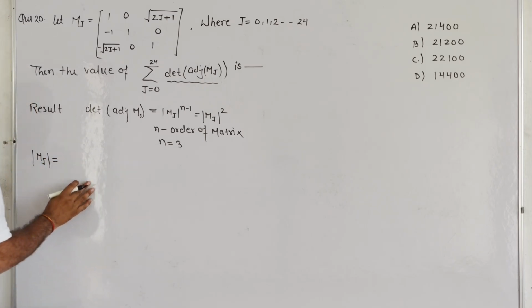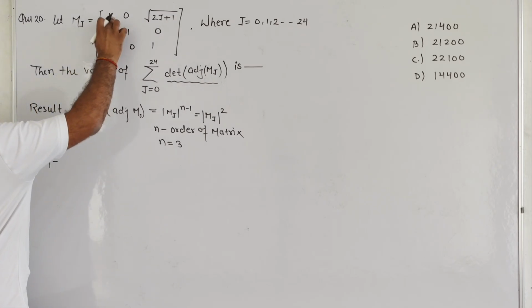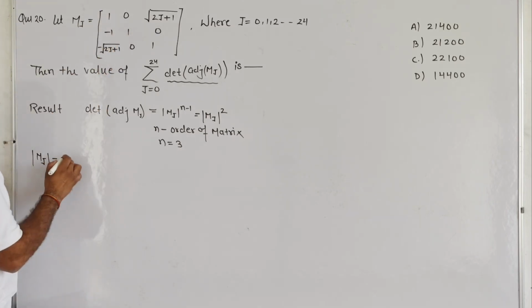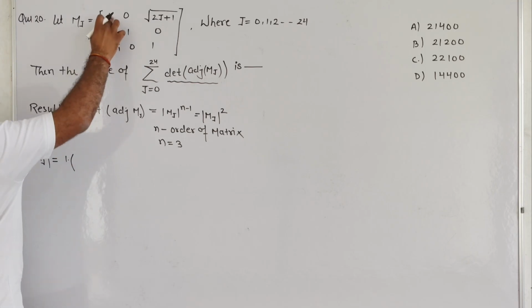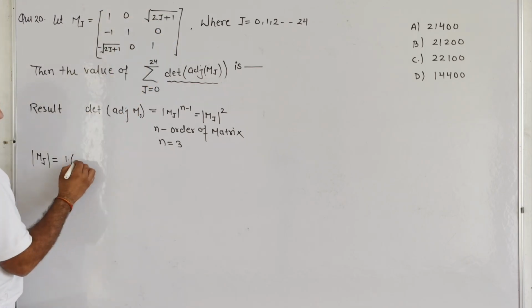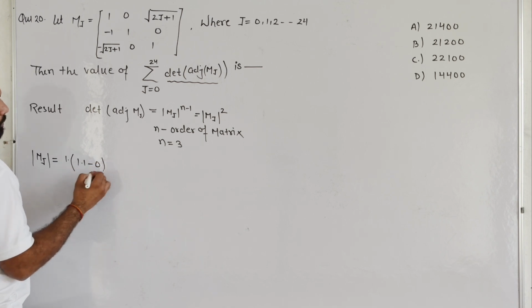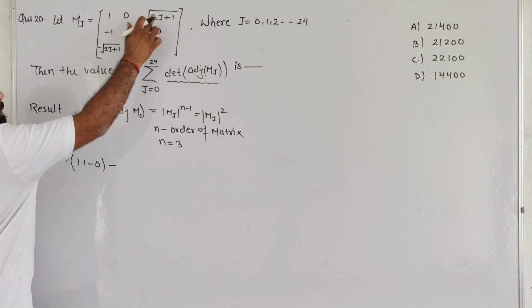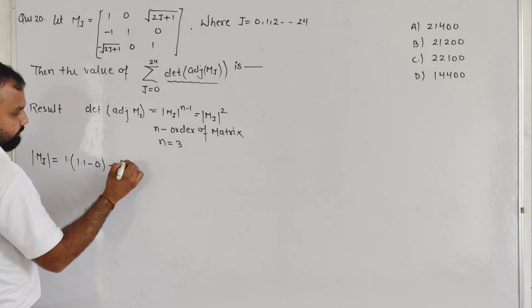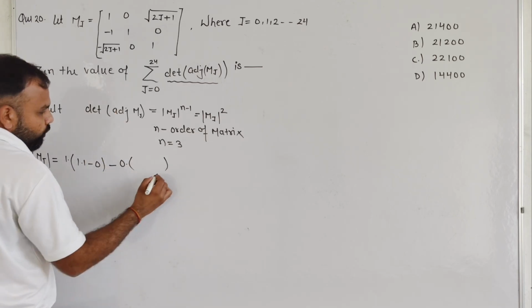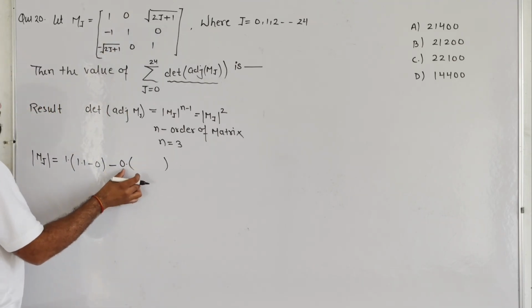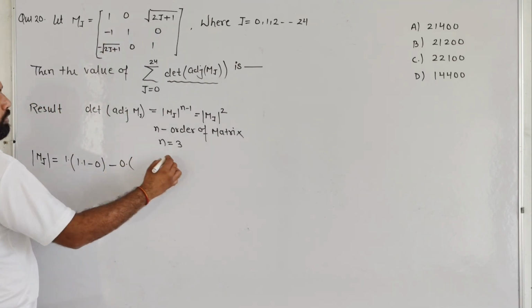I'm going to expand this determinant along the first row. One is this one. After leaving this column and this row, we get 1 into 1 minus 0. You can see 0 into 0; minus plus is present, so minus 0 times, and we don't need to write the value at this place, because 0 multiplied by this one is all 0.